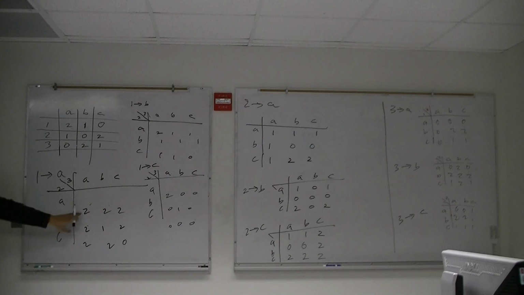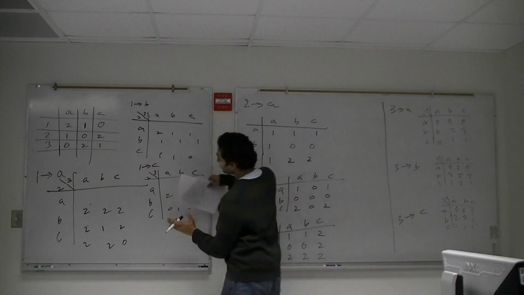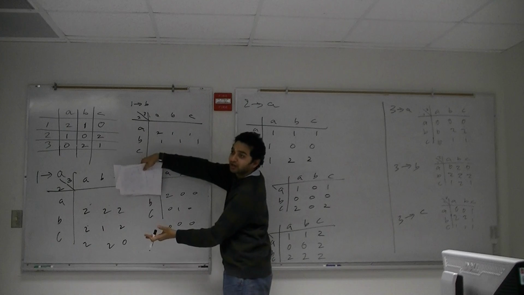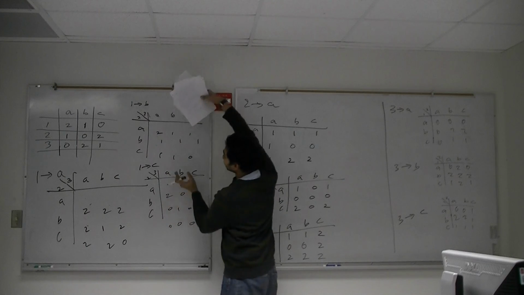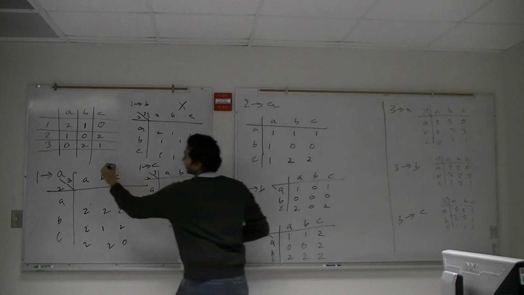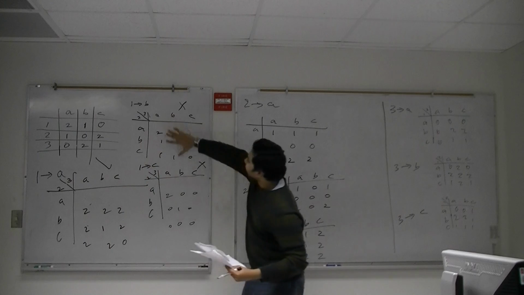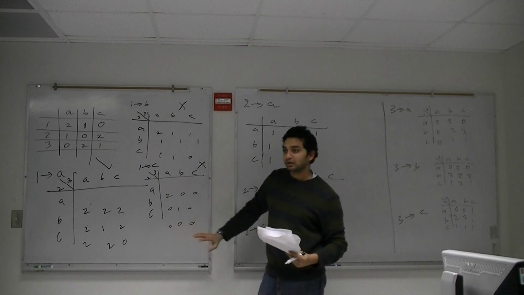So let's say 2, 2, 2, 1. You have to look at this as a whole strategy. You wouldn't pick this, or this. You would pick only this if you are player 1, because overall it gives you a higher payoff than B and C.